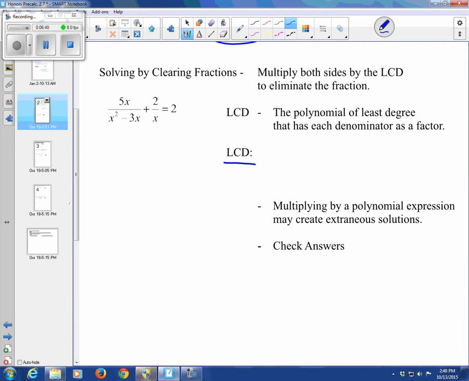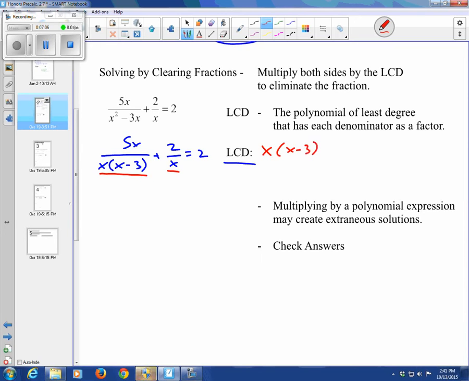So in order to find my least common denominator here, the first thing I'm going to do is factor all my denominators. So right here I'm going to have 5x over x times x minus 3, and then plus 2 over x equals 2. Now my least common denominator is going to be the smallest polynomial that has x and x times x minus 3 as factors, and that would be x times x minus 3.